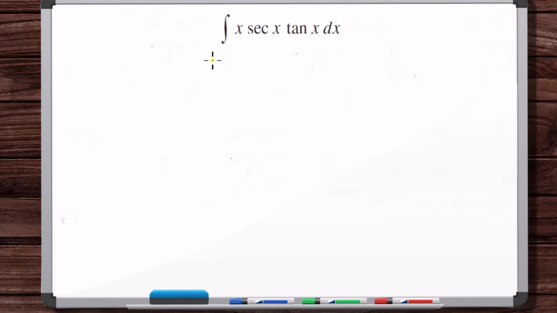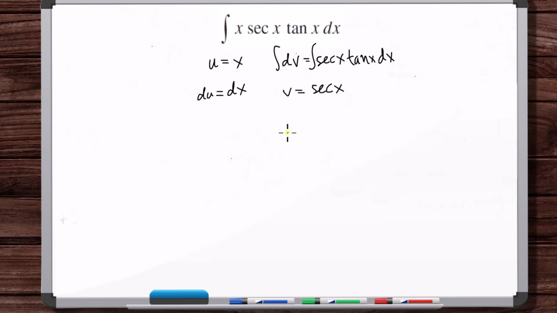Right? So we can say u is equal to x and dv is equal to secant x tangent x dx. So du is equal to dx and v is equal to secant x, right?